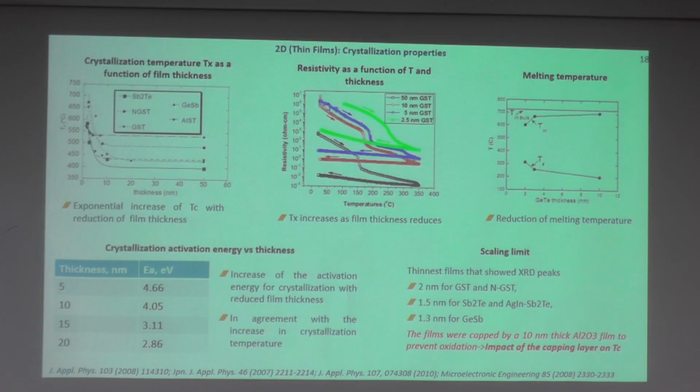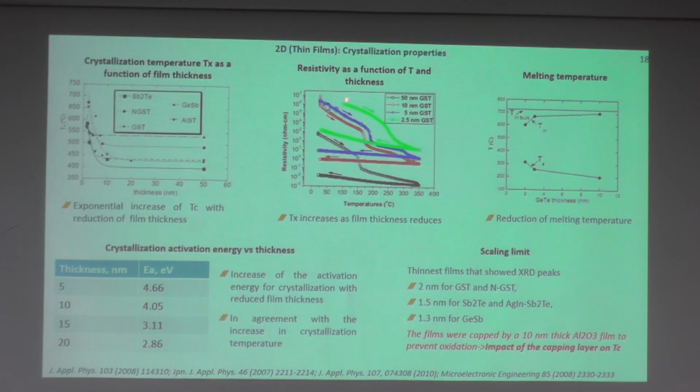Also, there is an increase of the initial resistance of GST with size decrease. Here we show the initial resistance, and this is the size of our thin film, like 2.5 nanometers.